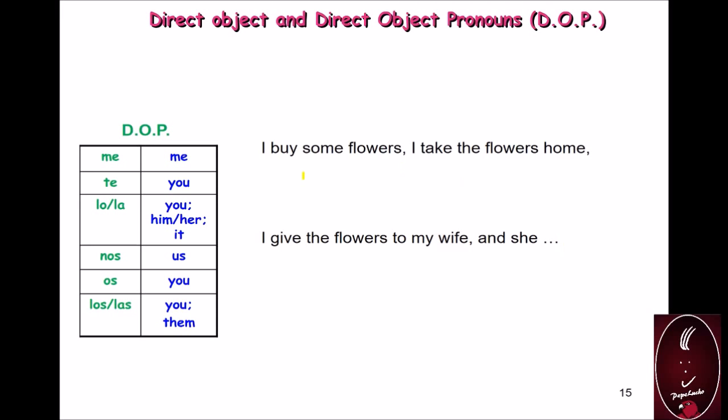So let's find out what is the direct object in the first sentence. I buy what? What is the answer to this question? We find the direct object when we answer this question. Flowers.